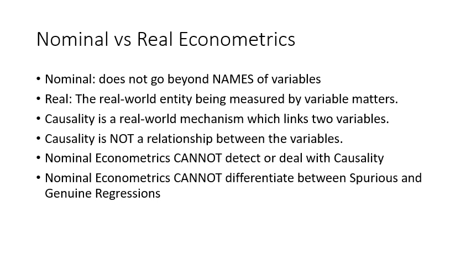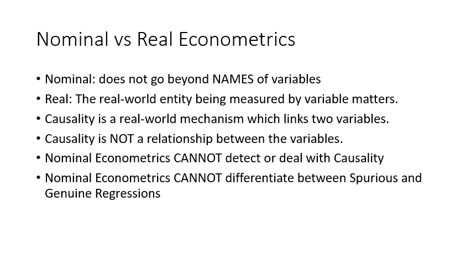Now, nominal econometrics, as I have defined it, cannot detect or deal with causality because causality is a real world phenomenon. It is not there at the level of the names, and that is the main reason why the approaches in conventional econometrics, which is very strongly nominal, why these approaches have failed.